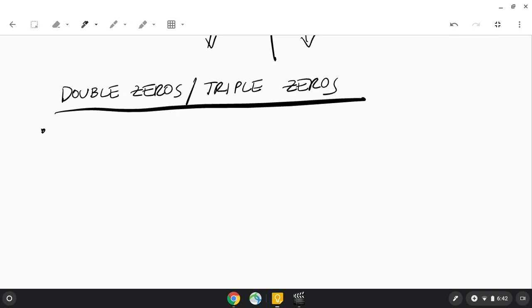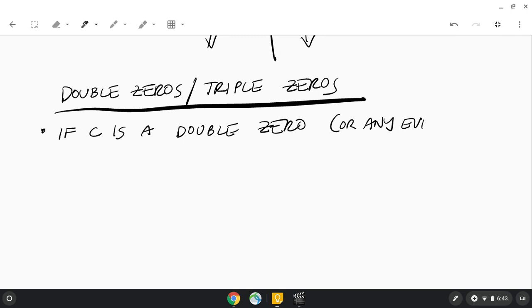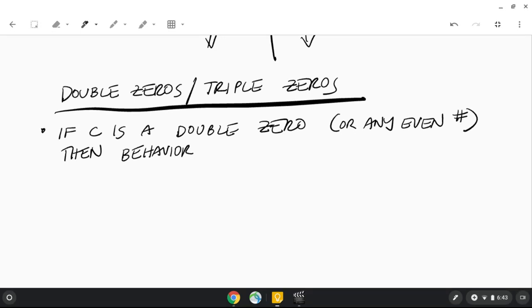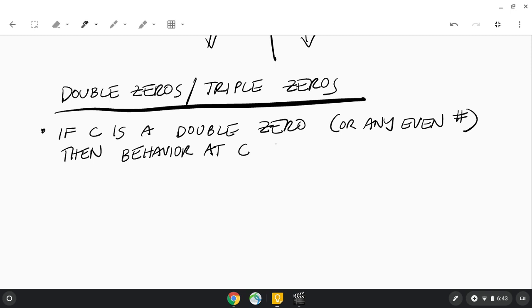If c is a double zero, or any even number, so if it repeats 4 times, then the behavior at c is like a parabola.